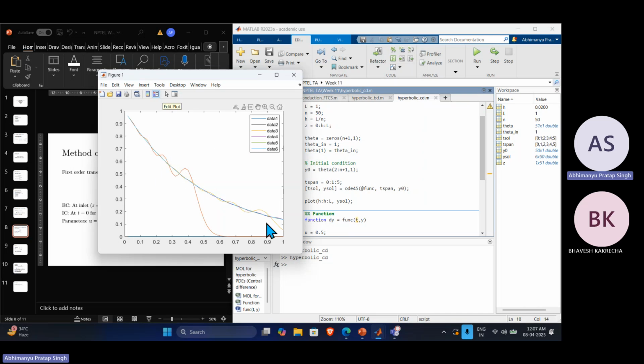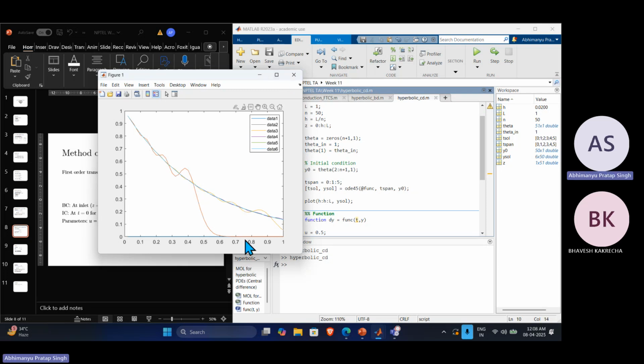And eventually, even though the solution is nearer to the final steady state, we get these oscillations around the steady state because of using the central difference scheme. Usually this should not happen in any of these hyperbolic PDEs, because even though the solution can oscillate around the steady state with respect to space, with respect to time it should not.